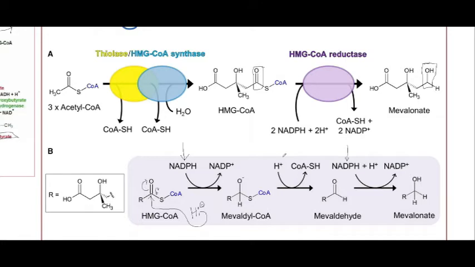Then the CoA comes off of here, and we end up with this mevaldehyde intermediate. So we are losing this right here, and we end up with this aldehyde.